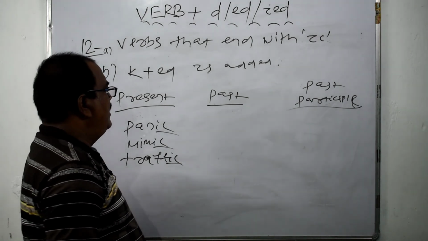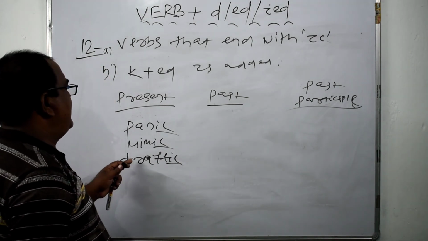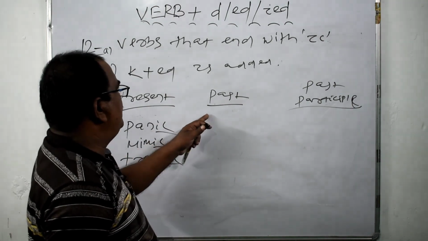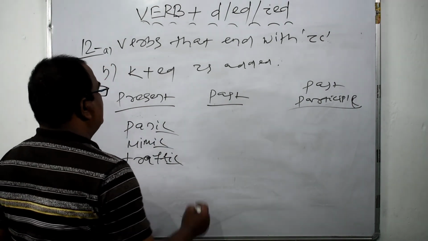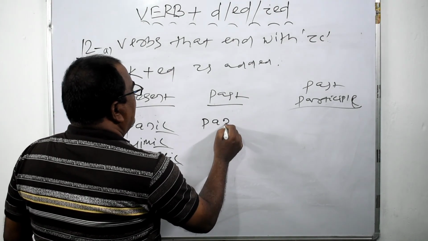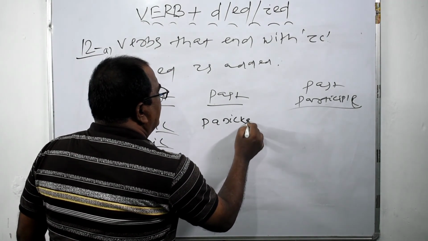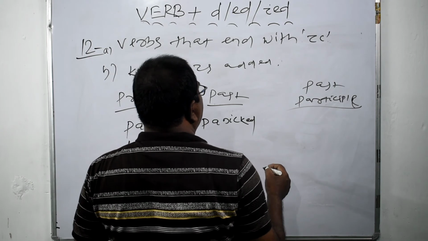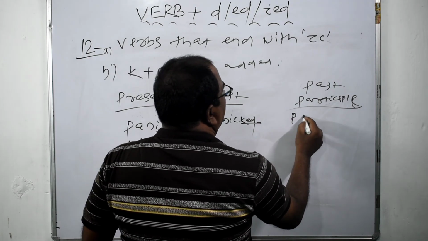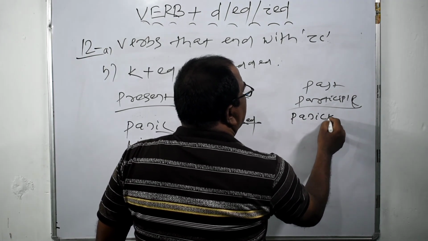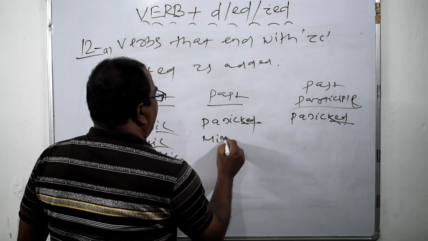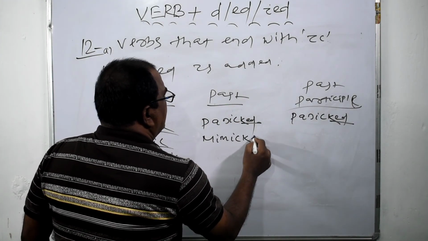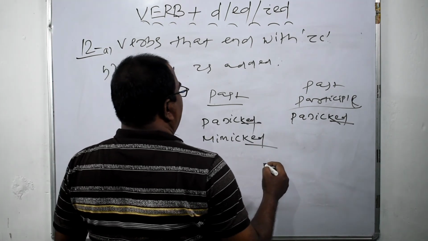Therefore, at the time of changing their present form to past and participle forms, we have to add KED. Panicked. Mimic, mimicked, KED added.